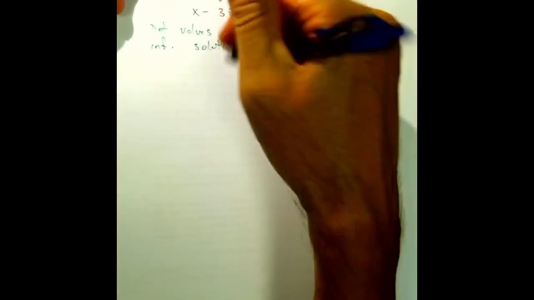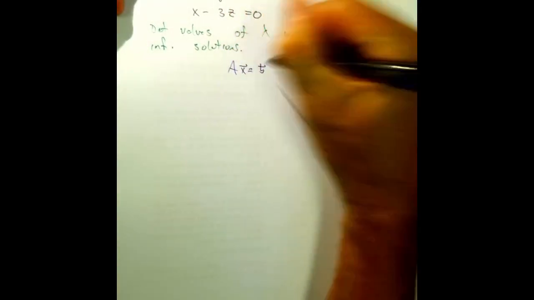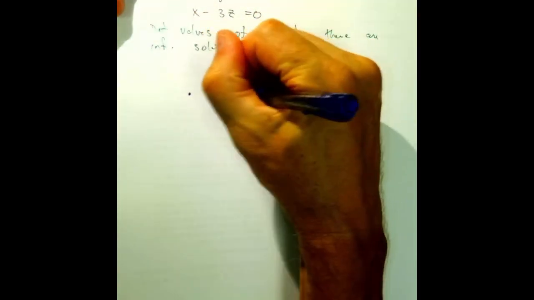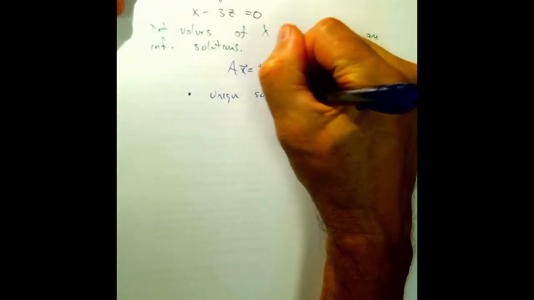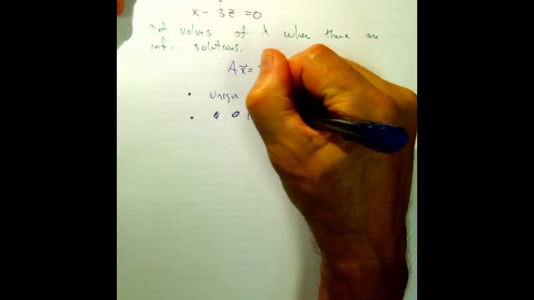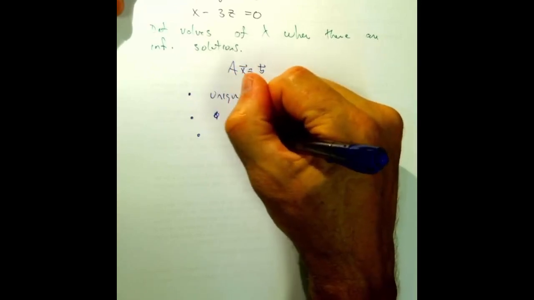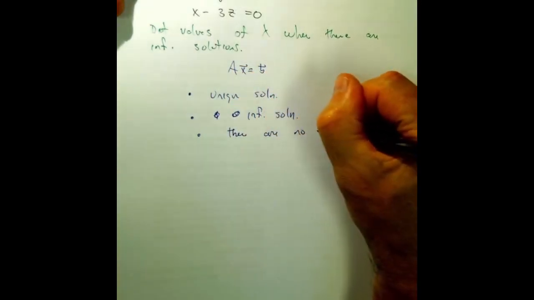Now, just to be pedantic, notice when we work with AX equals B, in general, we have three options. There's a unique solution, there are infinite solutions, and there are no solutions.